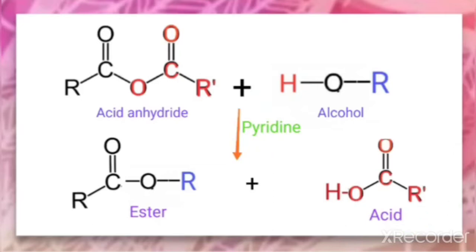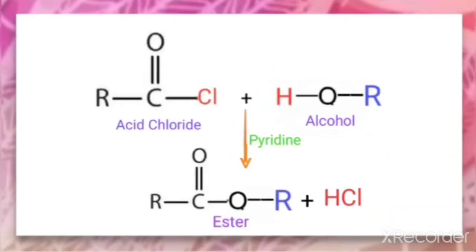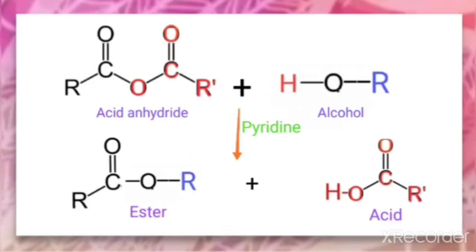And similarly in the case of the reaction of acid chloride with alcohol, there is a formation of a side product, that is HCl. So in order to neutralize the HCl which is formed during the reaction, a base, that is pyridine, is used. So the reaction of alcohol with acid chloride and the reaction of alcohol with acetic anhydride takes place in the presence of pyridine.